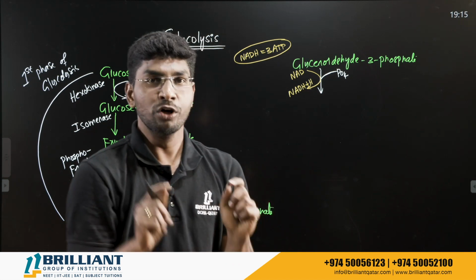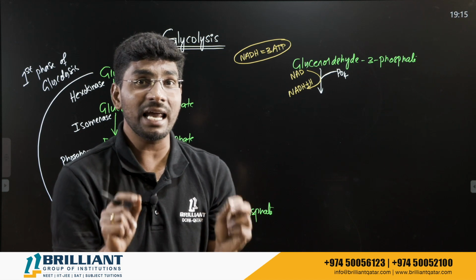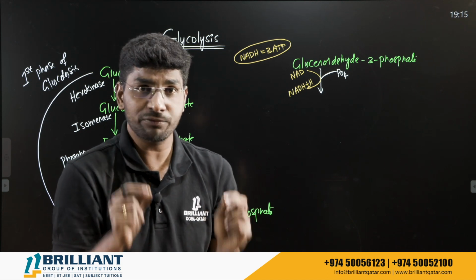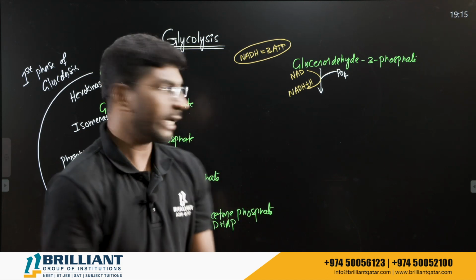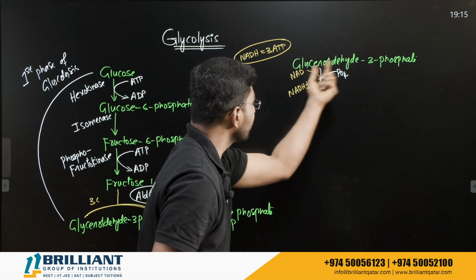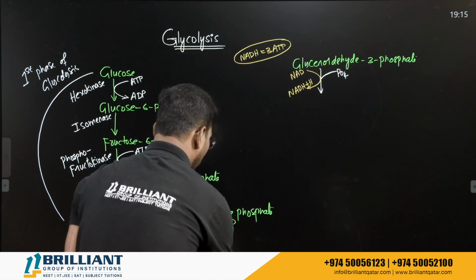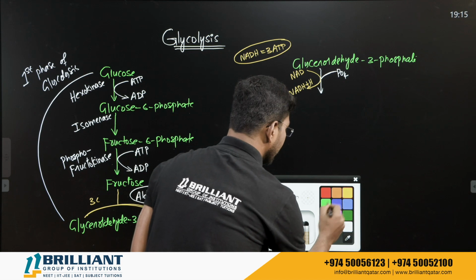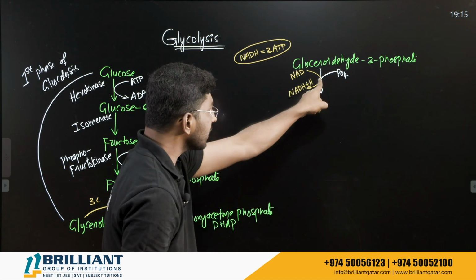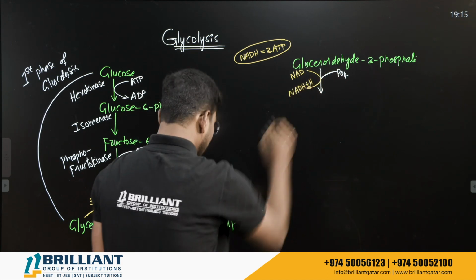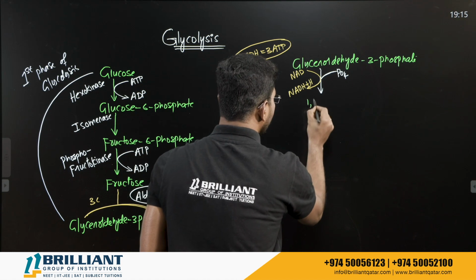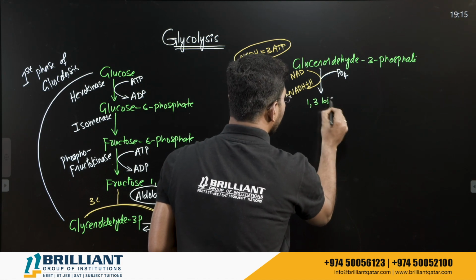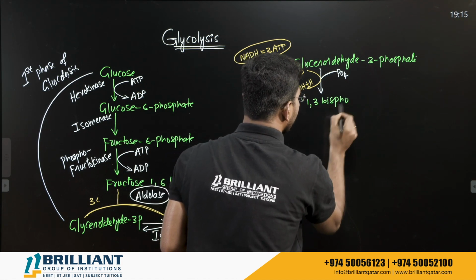So far how many NADH have formed? 1. At which stage? Glyceraldehyde 3-phosphate converts into the next compound, taking 1 more phosphate from the PO4. So the next compound is 1,3-bisphosphoglycerate.